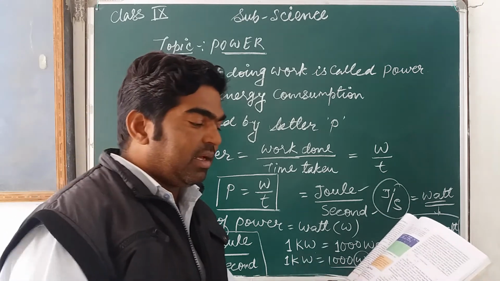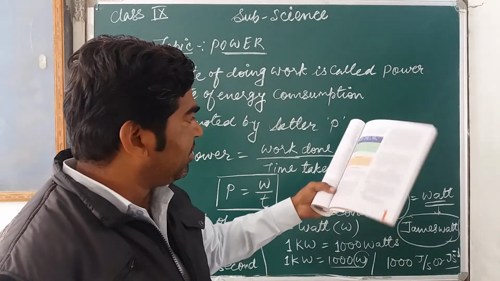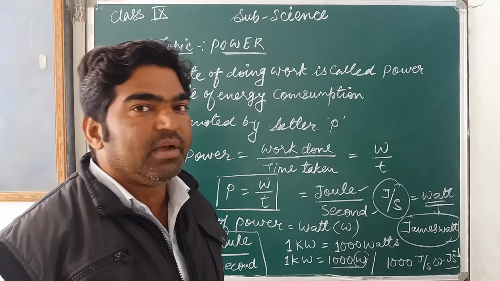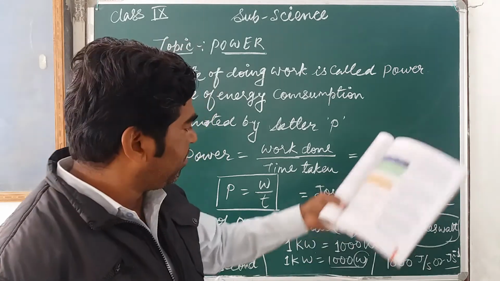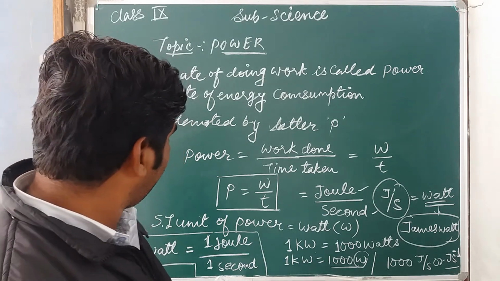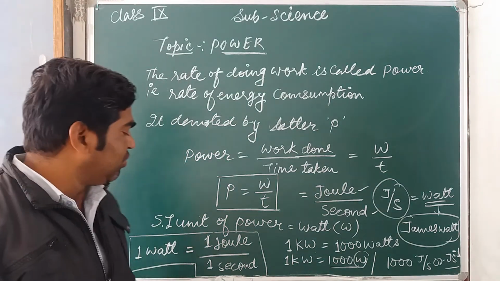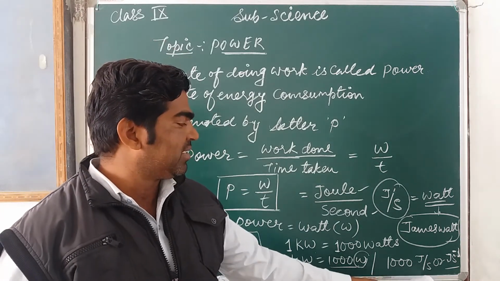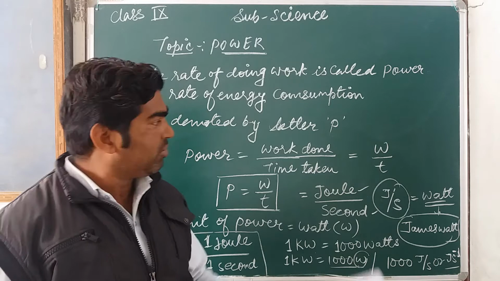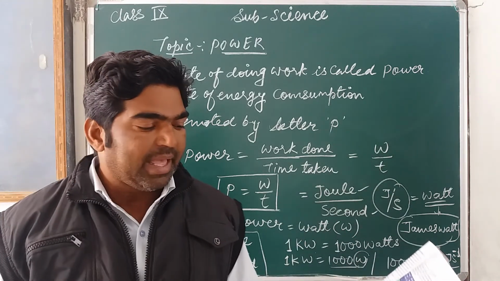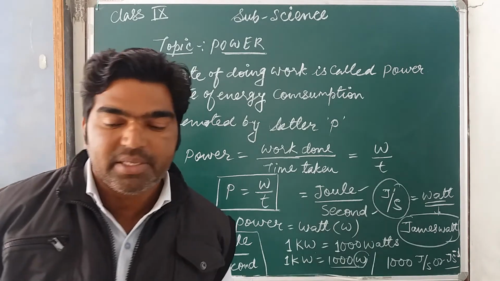By solving that example, it will be very clear how we can calculate power. So please note down: 1 watt means 1 joule per second, and this watt is also written as joule per second. Copy it in your notebook, then we solve an example here.